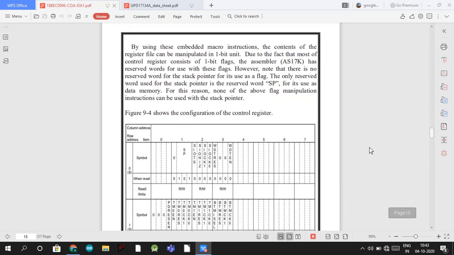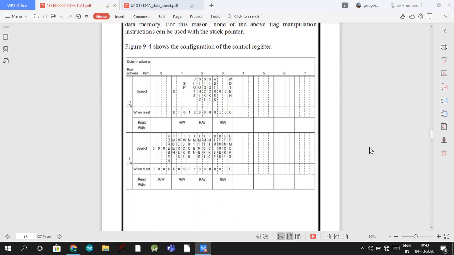So you can see how the control register is configured with the others. You can see the addressing modes and how they are used to read and write to the others.